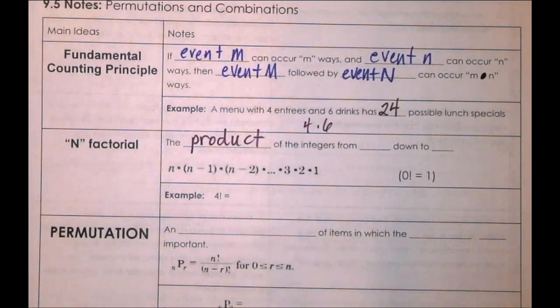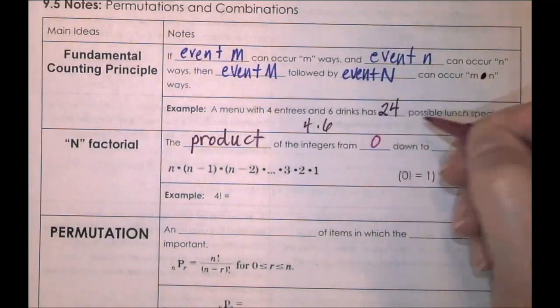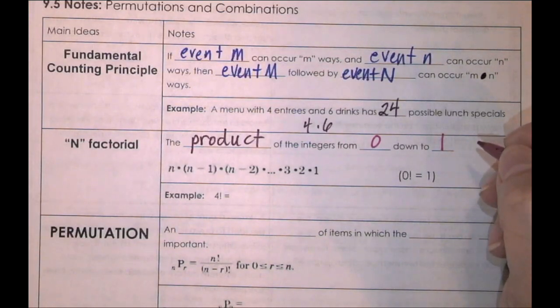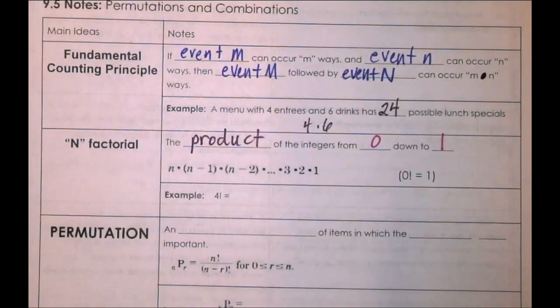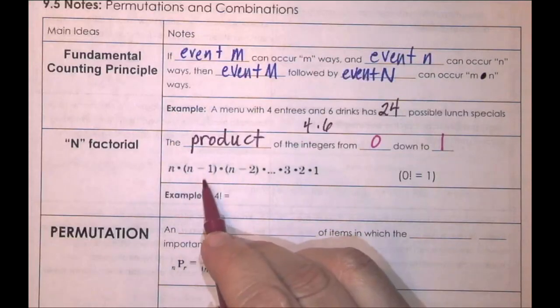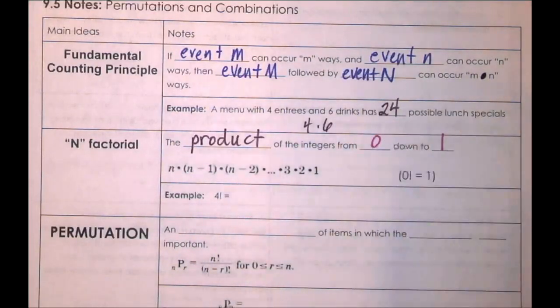So the product of the integers, from n down to 1. So you start with n, you multiply it by n minus 1, that's the next one down, then the next one down. I think you'll see this better with an example.